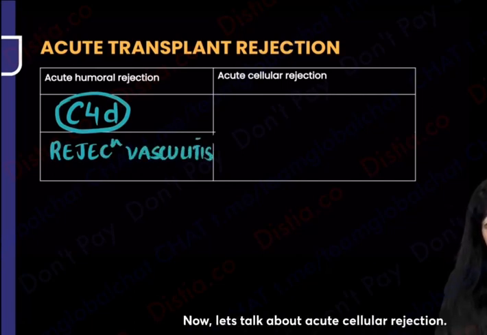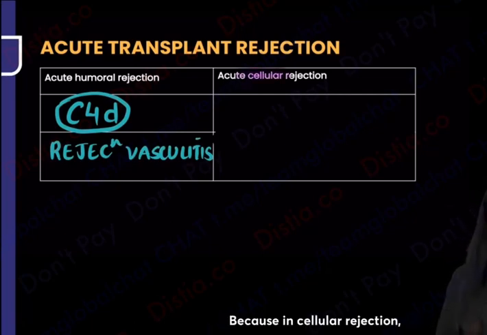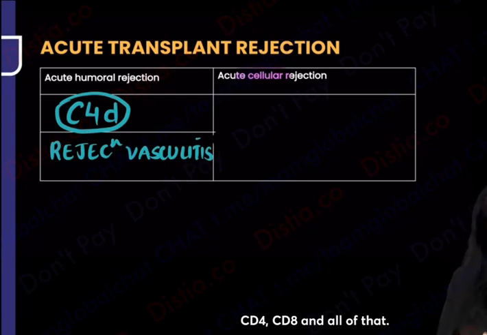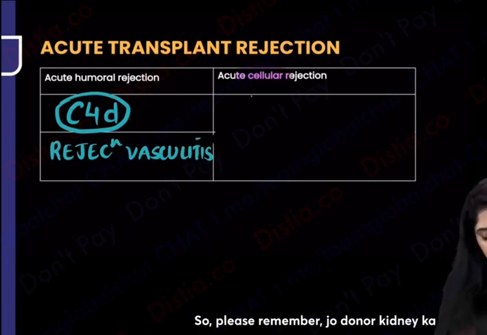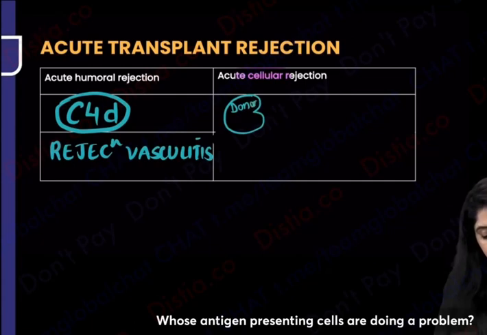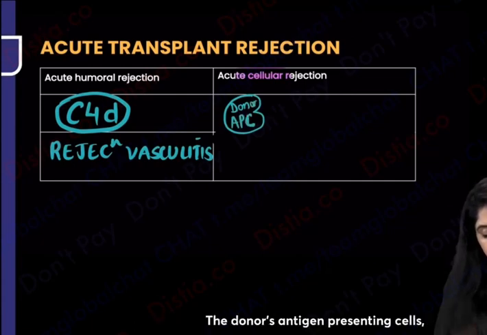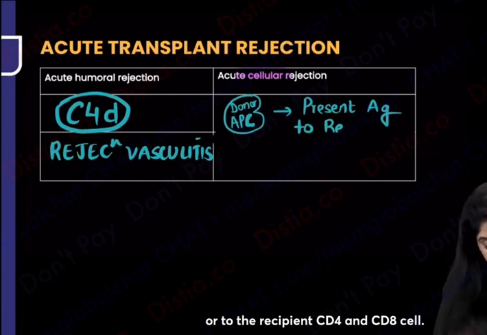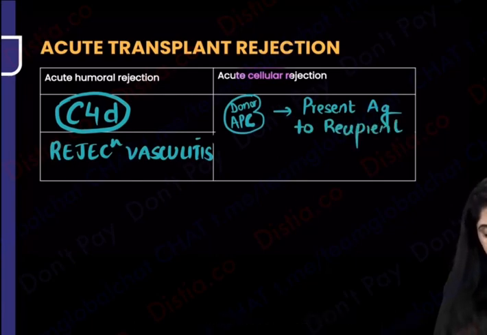Now let's talk about acute cellular rejection, because in cellular rejection, I'm going to talk about cells, CD4, CD8 and all of that. So please remember, the donor kidney's antigen presenting cells are the ones doing the problem. The donor's antigen presenting cells are going to present the antigen to the recipient's CD4 and CD8 cells. Simple.